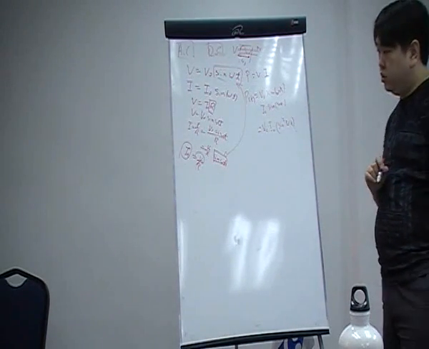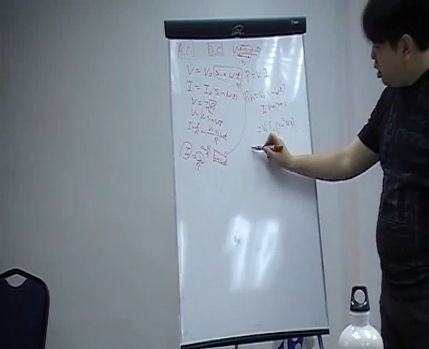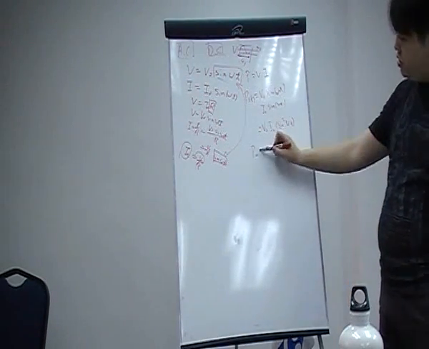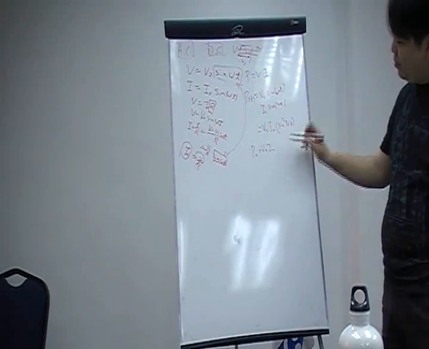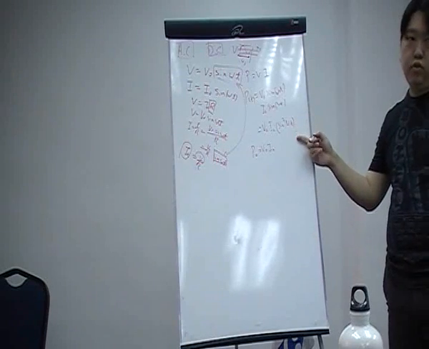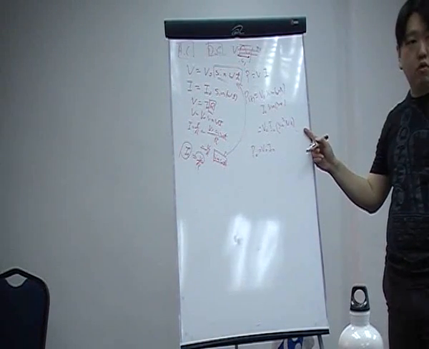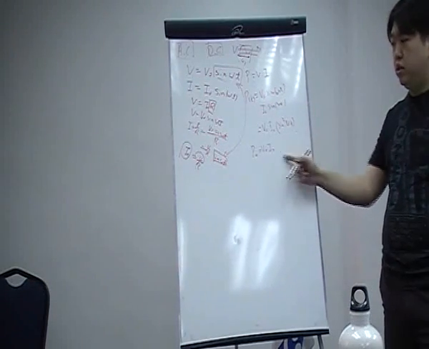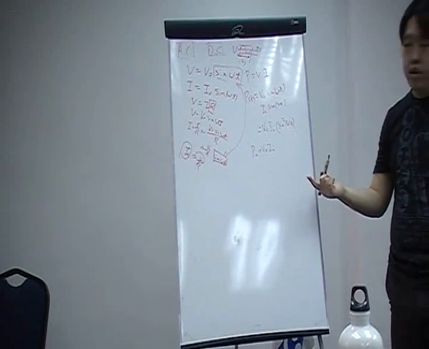So the max power P naught is V naught I naught, because sine is between 1 and minus 1, and when you square it, it's between 1 and 0. They don't even have minus. So the max is 1, so P naught equals V naught I naught.